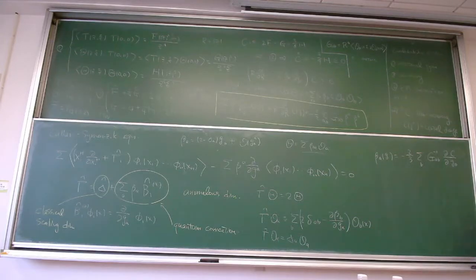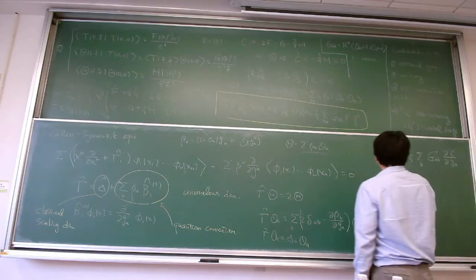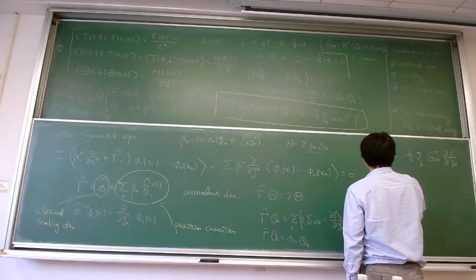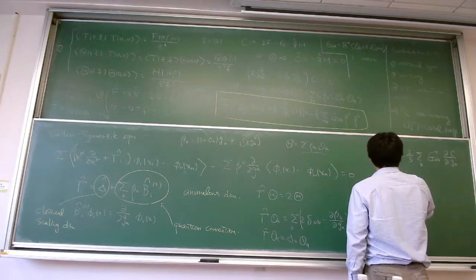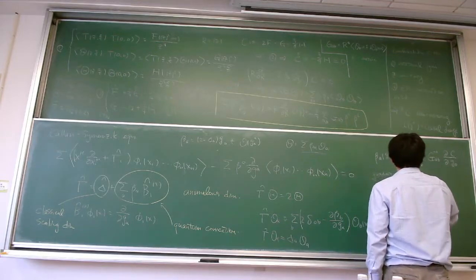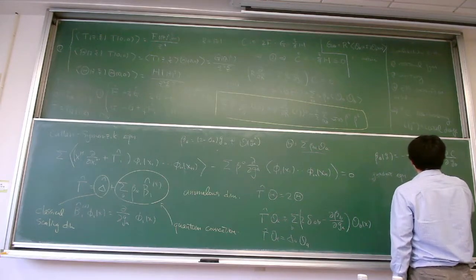Okay, so that's how you get it. And this is indeed the gradient equation. So it's called the gradient equation, the gradient of a Morse function.